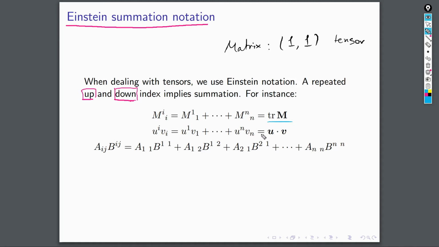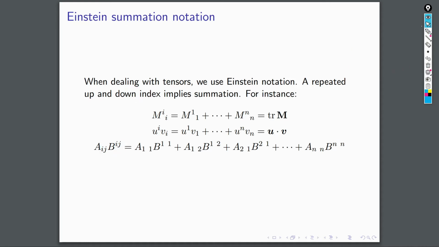I can take the dot product, u1 v1 all the way to un vn. And I can perform contractions on more than one index at a time: A11 B11 plus A12 B12 plus A21 B21, all the way up. So Einstein summation is really good. It allows us to be very compact with our notation.